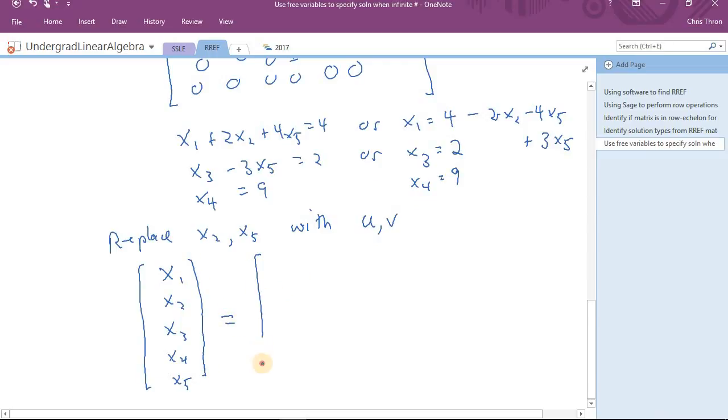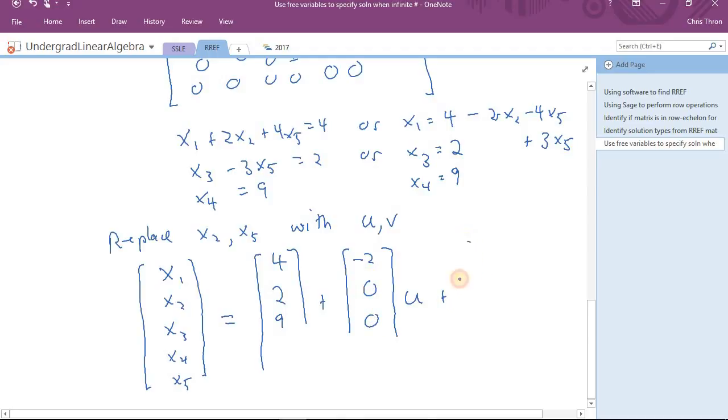So I know that my x1 starts out with a 4, my x2 starts out with a 2, my x3 starts out with a 9. Okay, so we'll just start with that. Now, I also have some terms multiplied by x2, but x2 is a u, so this is going to multiply by u. So here I have a minus 2 in the first, and then I have a 0 here, and then I have a 0 here.